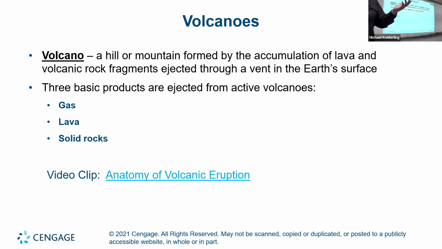Then there is lava, liquid molten rock, but they also will emit solid rocks. Because that lava may be carrying along solidified material, or it may be that it solidifies on the way out. It may have been plugged, and that plug may have shattered and broken and be flung out.